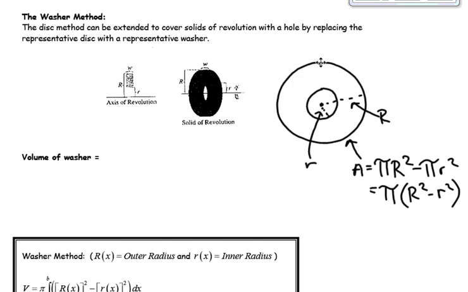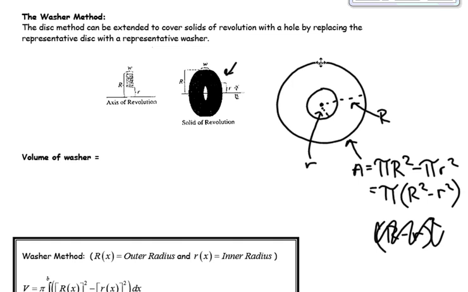One thing that I want to make sure you don't make the mistake of is saying big R minus little r and then that squared. That is absolutely incorrect, so make sure you don't make that mistake. All right, so the volume of that washer, if I was to find the volume of a single washer like this, then you would have the area of the base times the height.